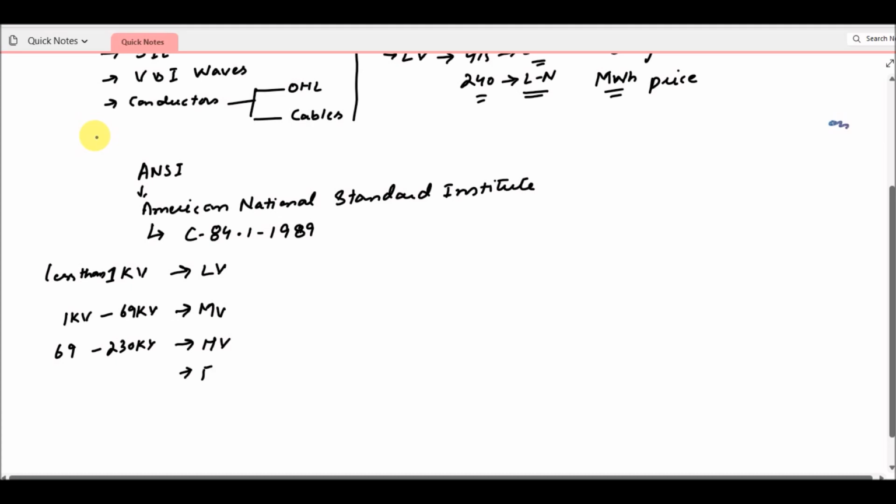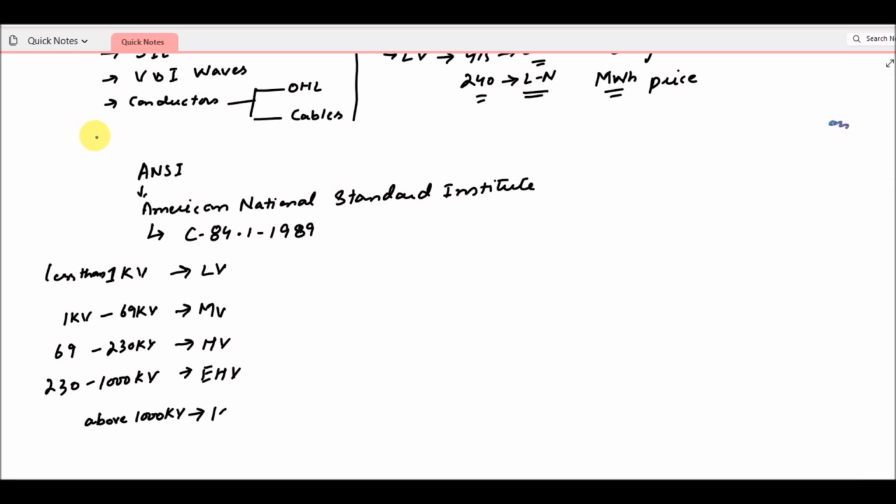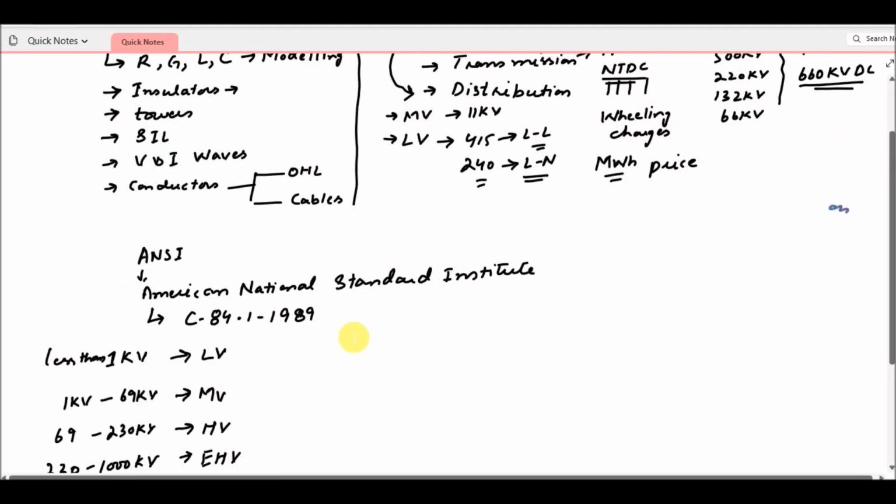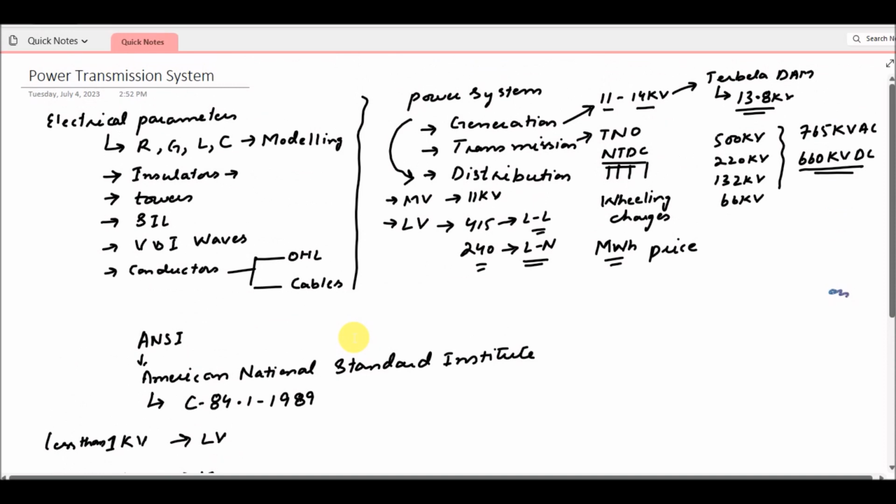For extra high voltage, it should be between 230 and 1000 kilovolts. Anything above 1000 kilovolts is ultra high voltage. These are the standard voltages defined by ANSI, the American National Standards Institute.